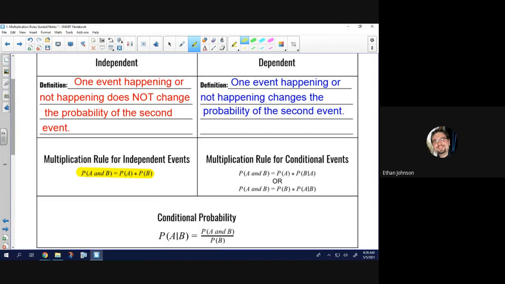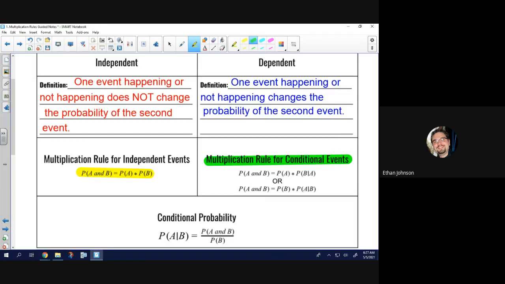However, we sometimes have this weird condition called a conditional. A conditional event adds on a condition, which is why we call it conditional. Now, that condition would be as simple as, well, instead of looking at all of the students at West, now we're only going to be looking at males.